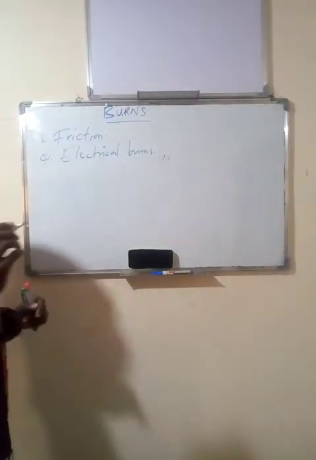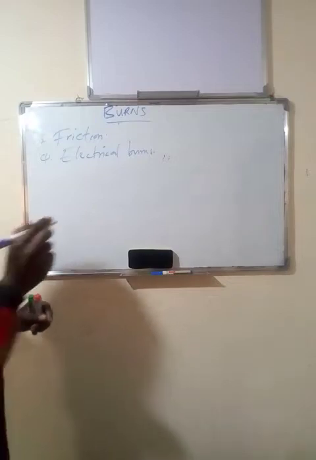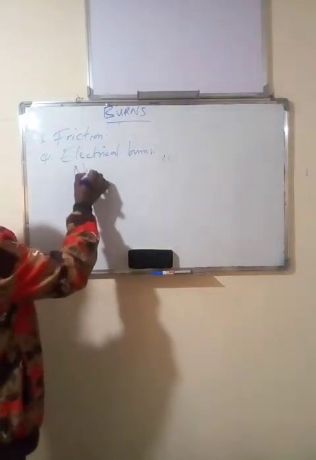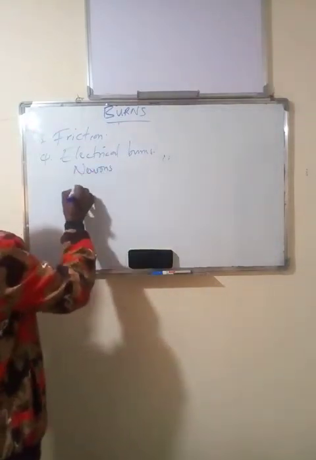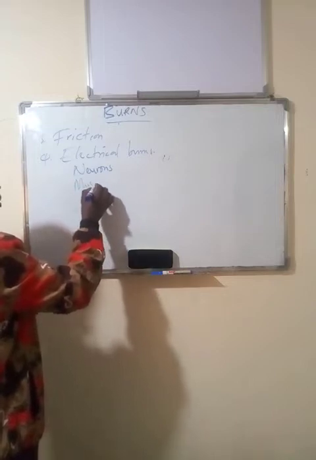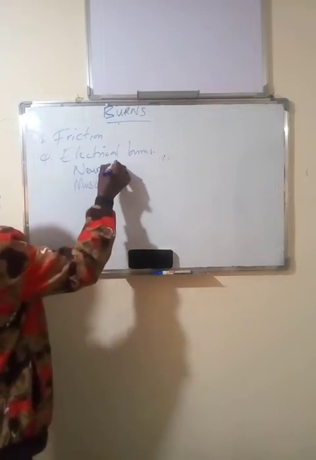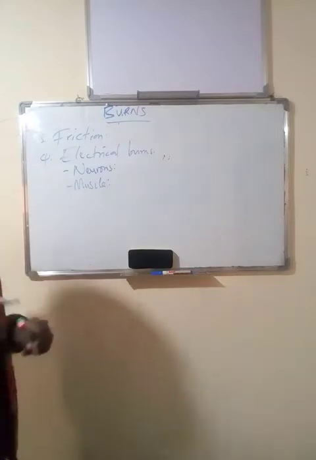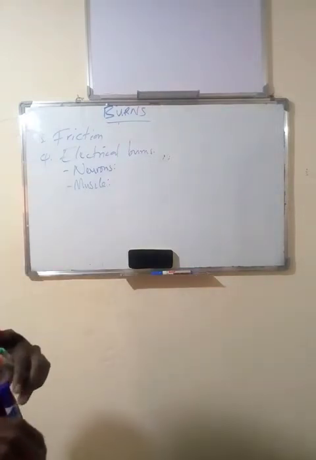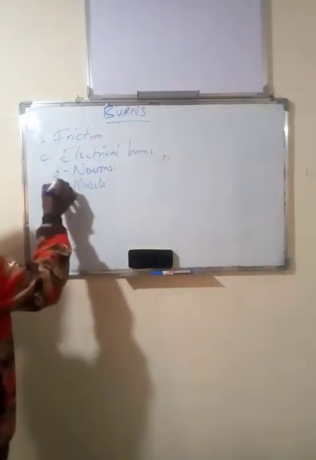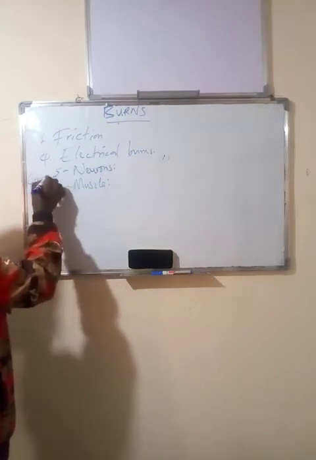Okay, in the body we have neurons and muscle, right? Now, remember, both of these are electrical conductors. They are good conductors of electricity.